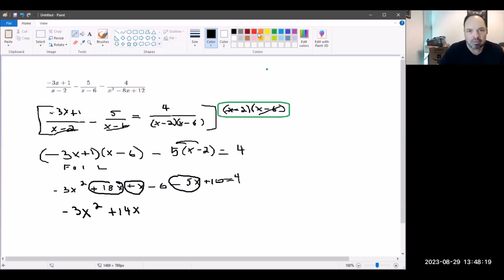Then I'm going to combine the minus 6, the plus 10, and the 4. So that's going to be 4 on both sides. So all the constant terms are going to cancel. And I'm just confirming that in my head.